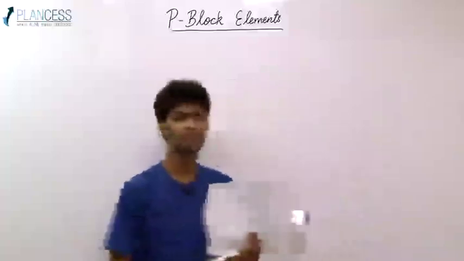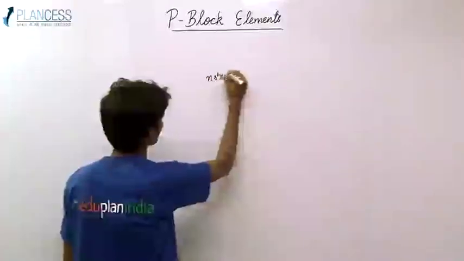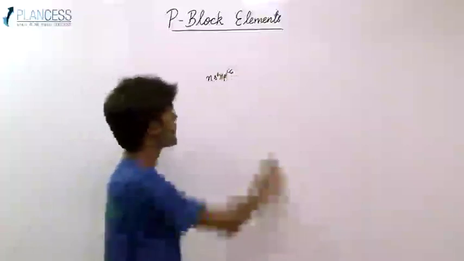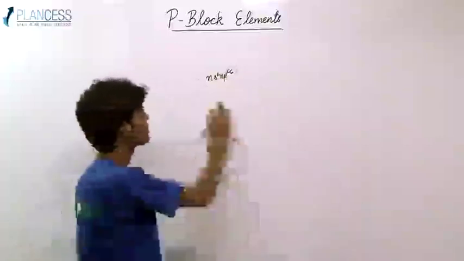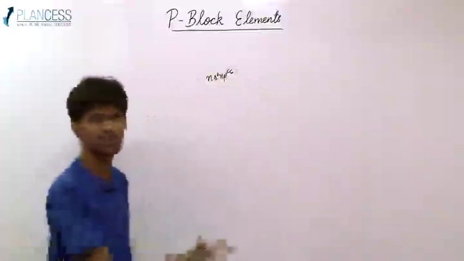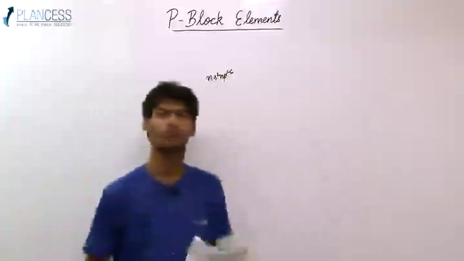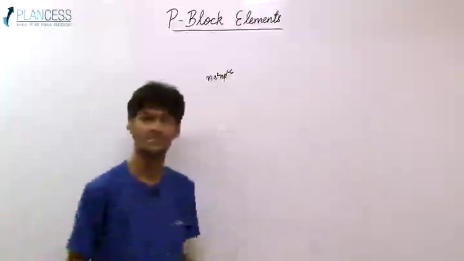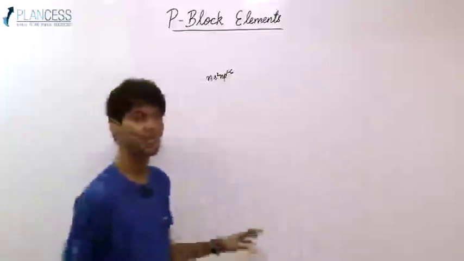As you know, P block elements have an electronic configuration of ns2 np1-6. The p orbital can have 1 electron to 6 electrons. Based on this, the group number is decided. In the periodic properties, I have told you that the group number of P block elements is decided as 10 plus the number of electrons present in the valence orbital.